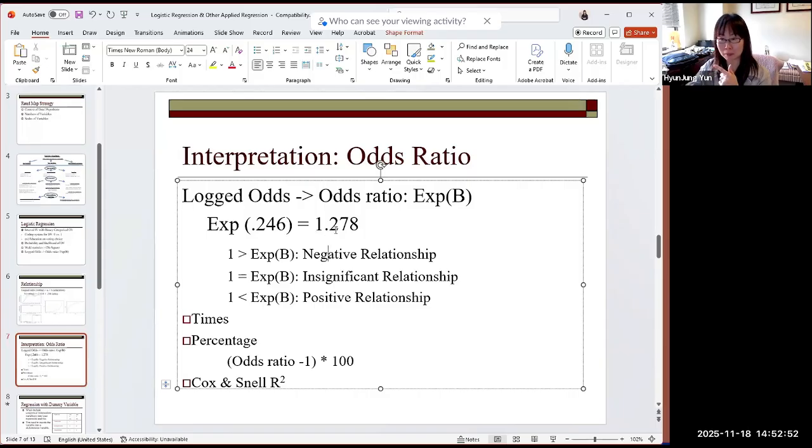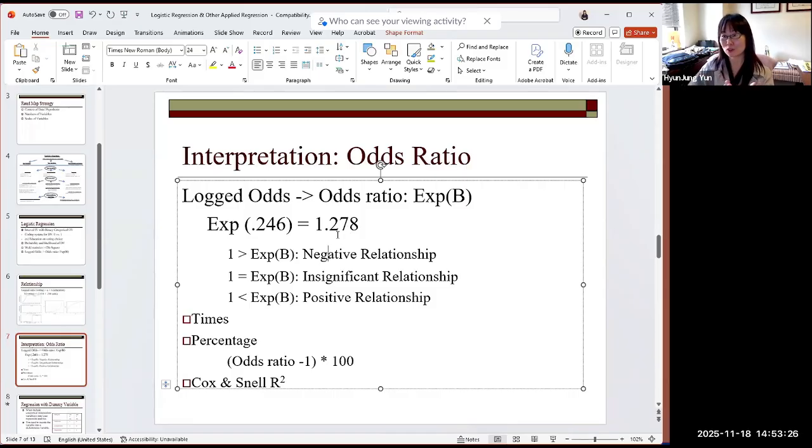And then this specific number, you can use that. For people who have one additional year of education, the odds of voting are 1.27 times more likely. Or you can use the percentage: subtracting one, just throw that away, and it's 27%.